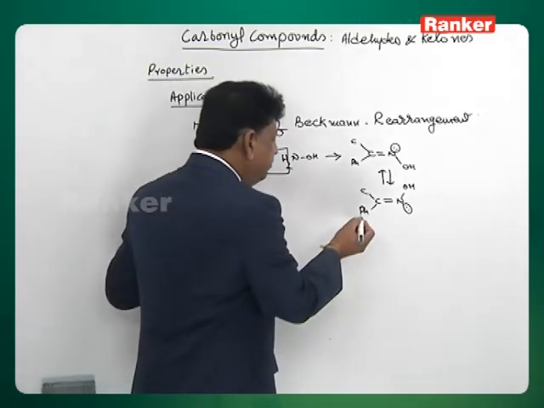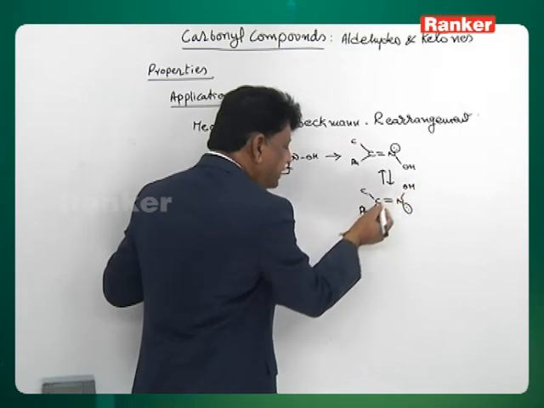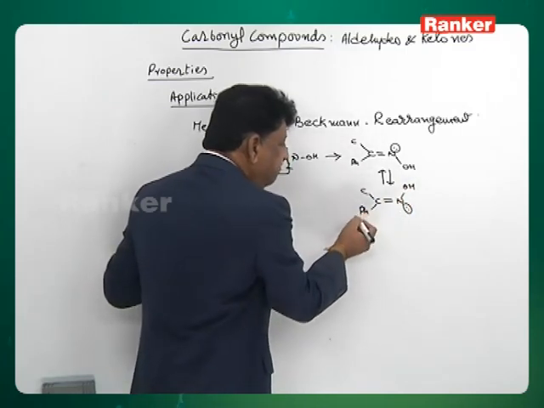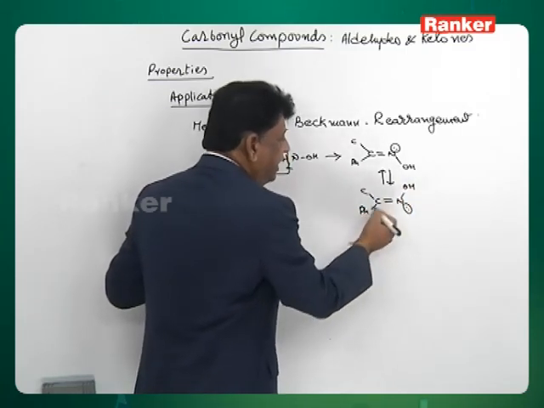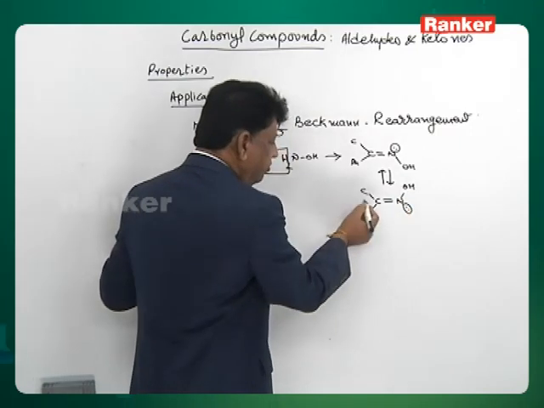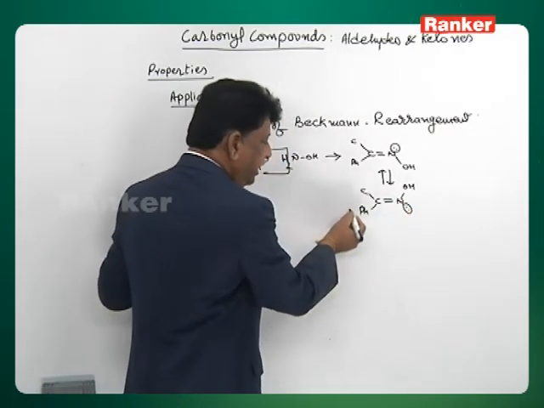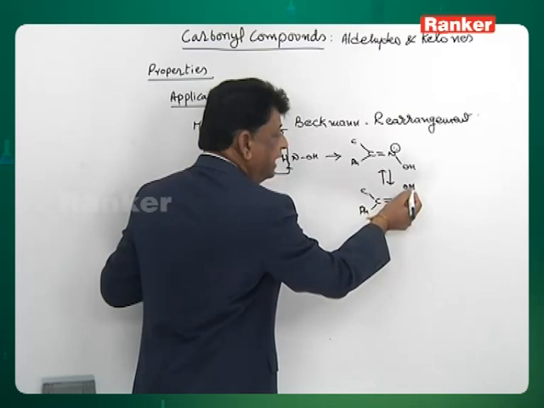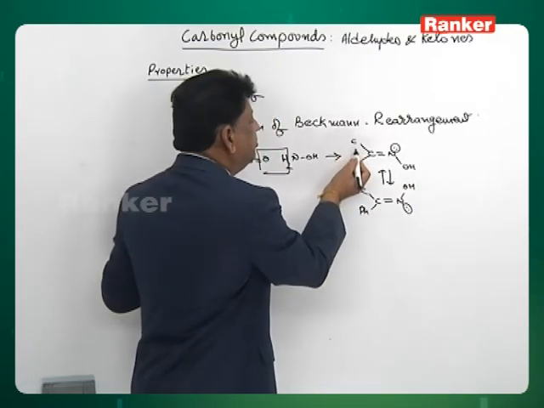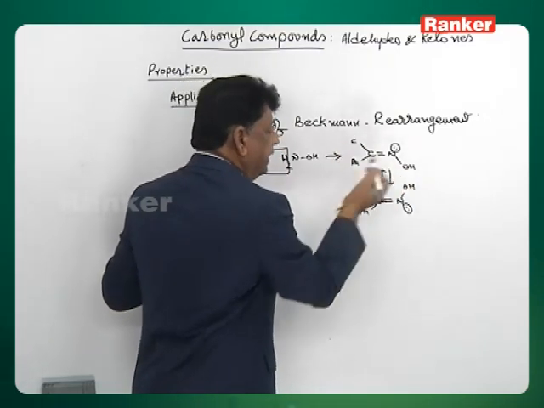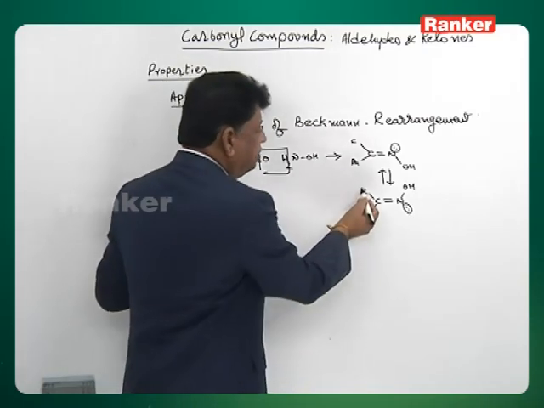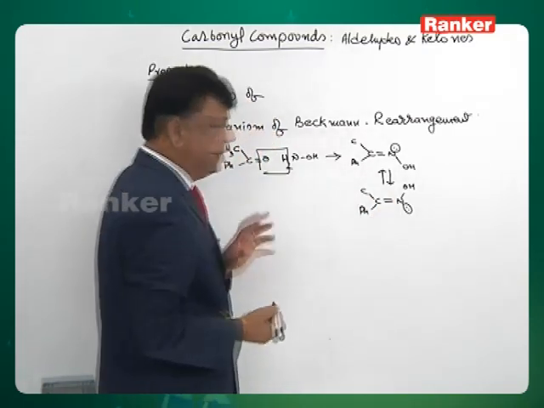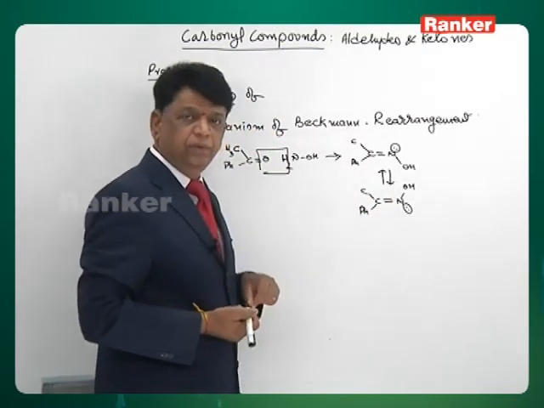With reference to the phenyl and the OH, I call this phenyl anti, hydroxy. You have to say specifically that with reference to the phenyl it is anti. Here, with reference to the CH3 it is anti, or with reference to the methyl it is syn. So one is said to be syn, the other is said to be anti.